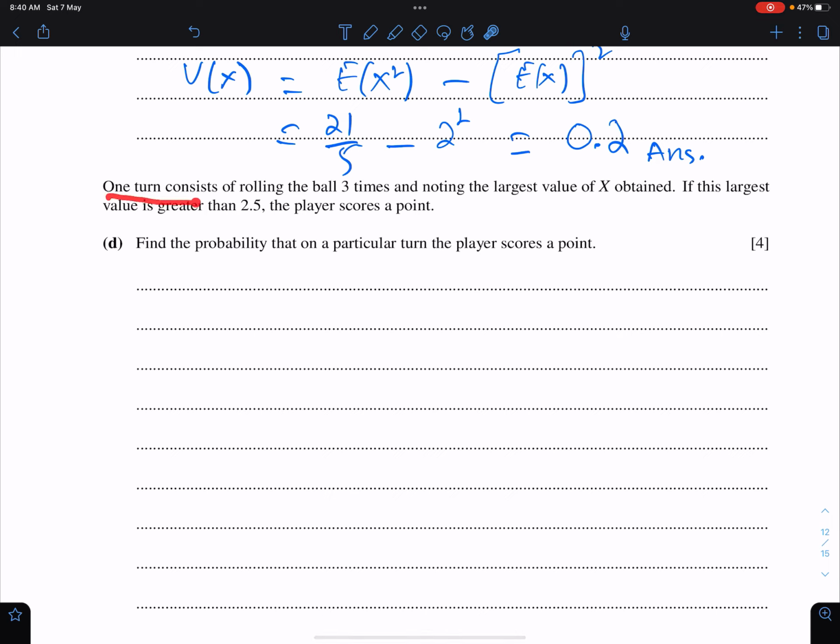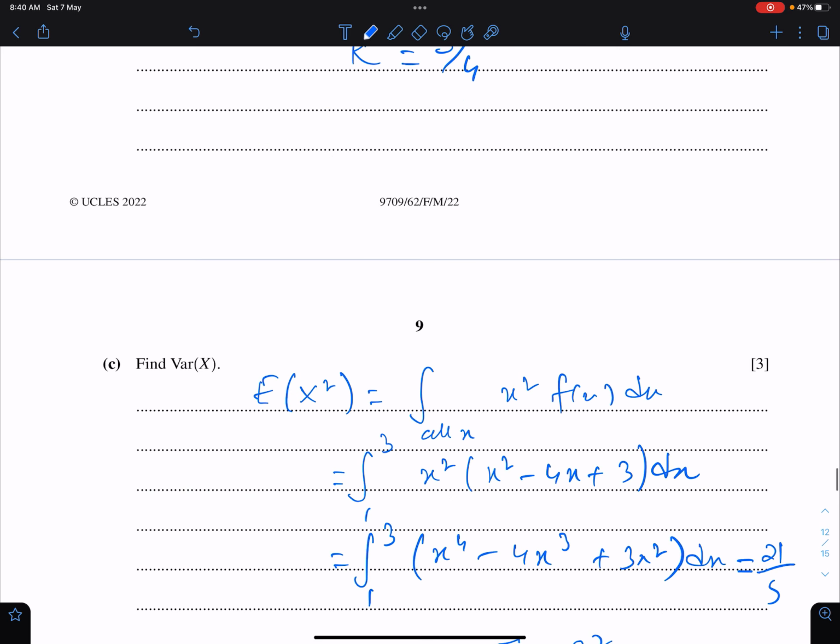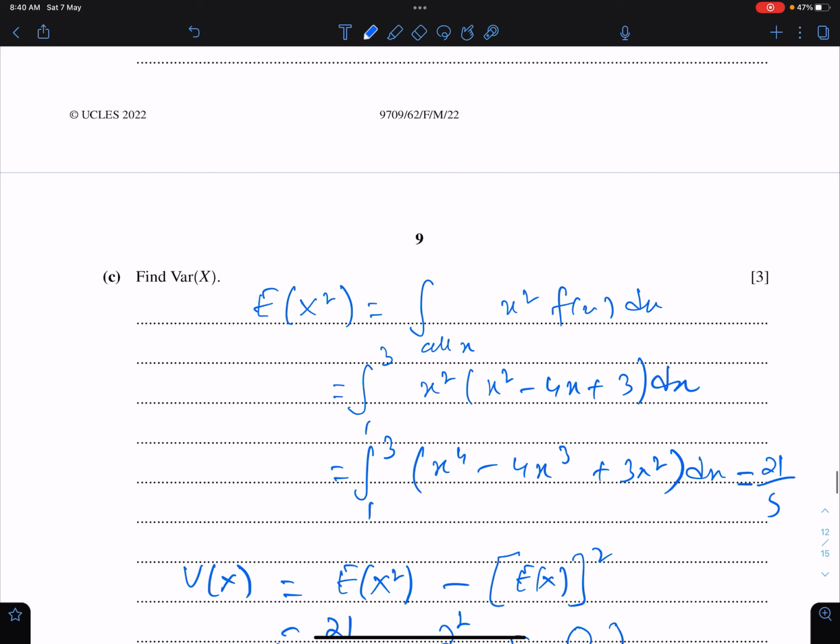One turn consists of rolling the ball 3 times and noting the largest value of x obtained. If this largest value is greater than 2.5, the player scores a point. So first we need this probability. This is 2.5, upper limit is 3, function is x squared. Here I forgot to write minus 3 upon 4.